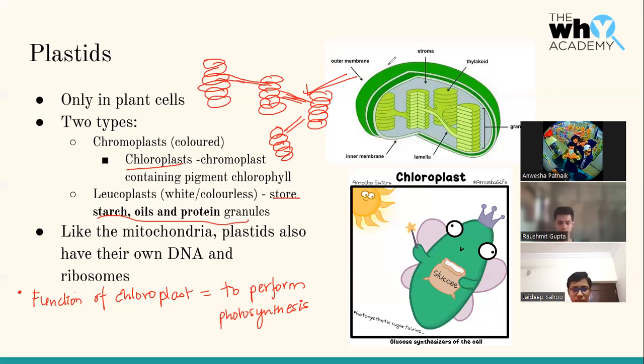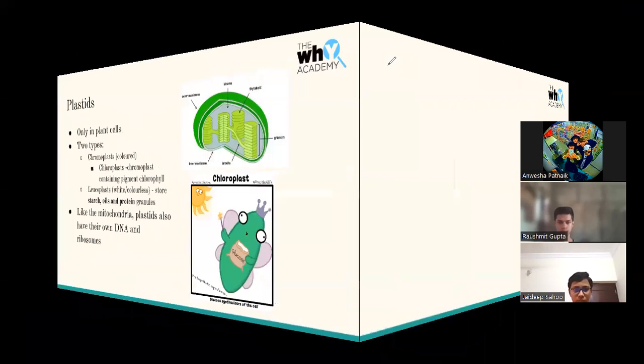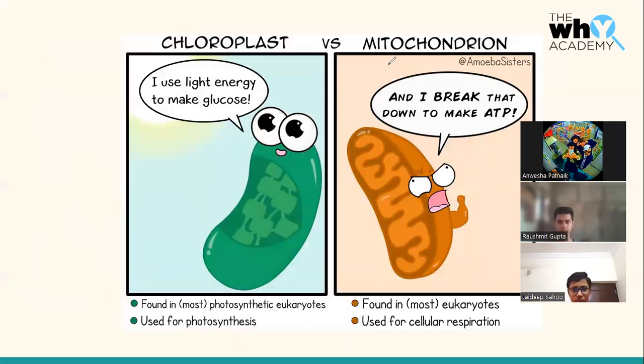Right. Now we just need to know the difference between chloroplast versus mitochondria. So similarity, I told you that both have their own types of proteins, both have their own DNA, own ribosomes. Both were initially bacteria and then they became cell organelles, right? But what is the difference between the two? So this is the main difference.